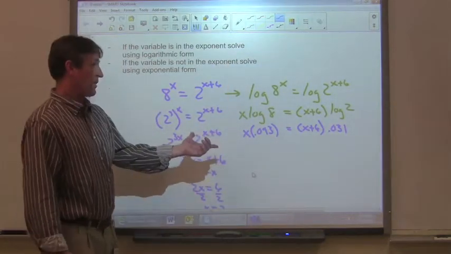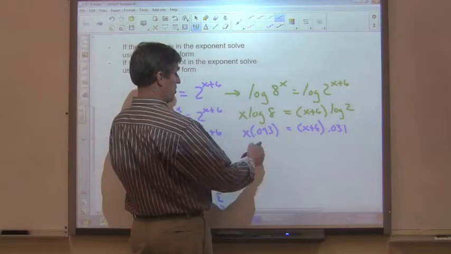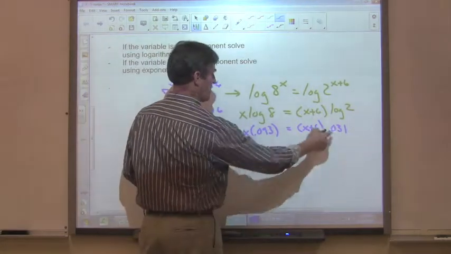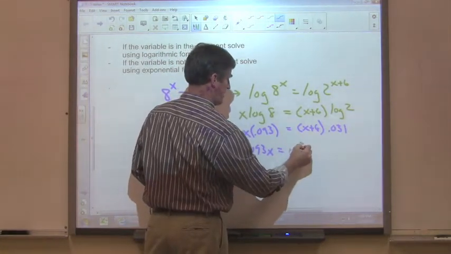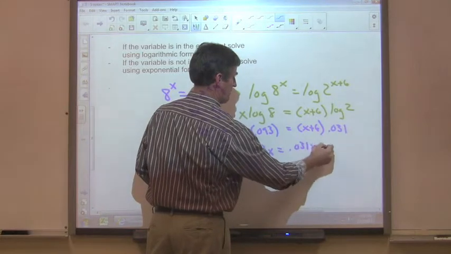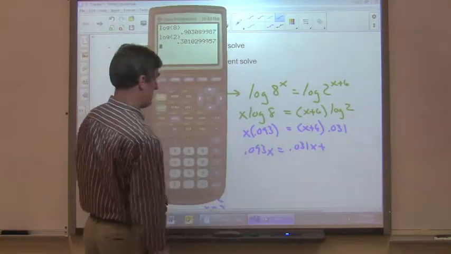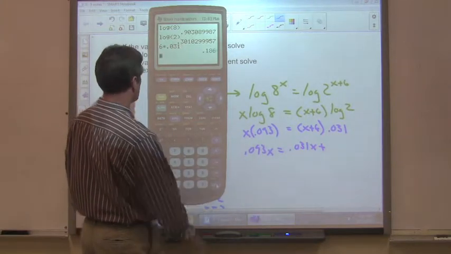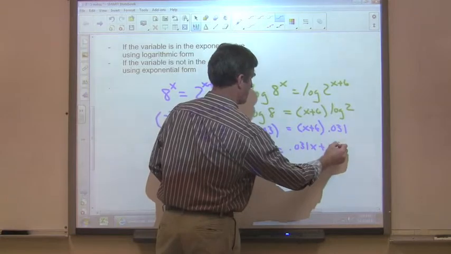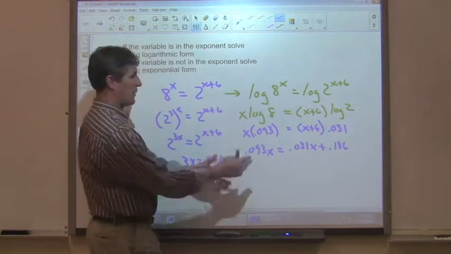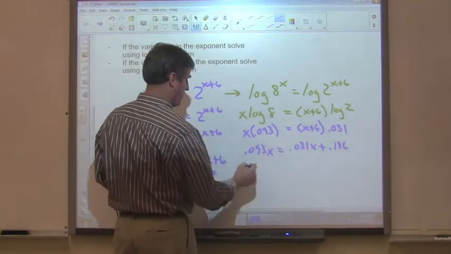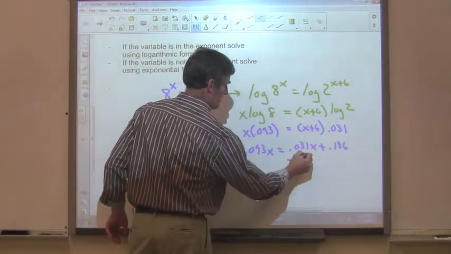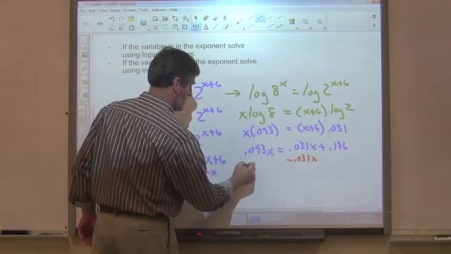And now we can just solve it algebraically. So this is 0.903x equals, distribute that. And so 6 times 0.301 is 1.806. And then we can solve that. Subtract 0.301x so the variables are on the same side.